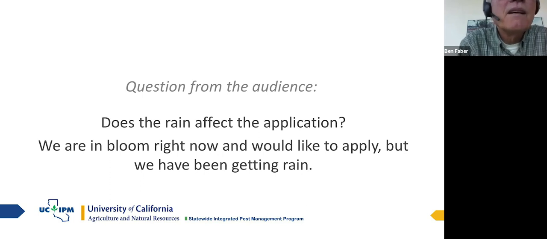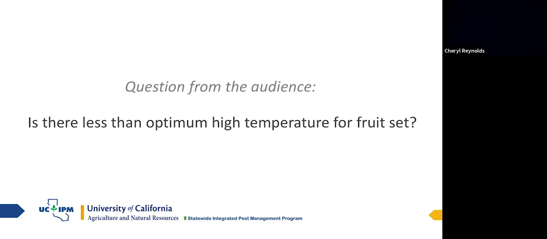Remember, you're applying it at 25 grams in 75 gallons, so it dries pretty fast. It'll wash off. Okay, we'll try this next one.